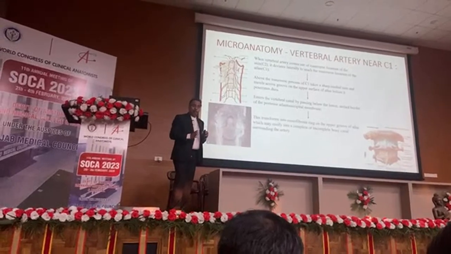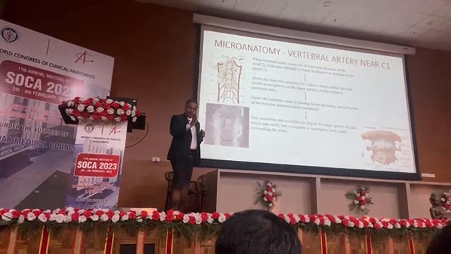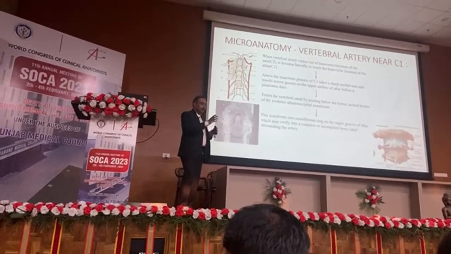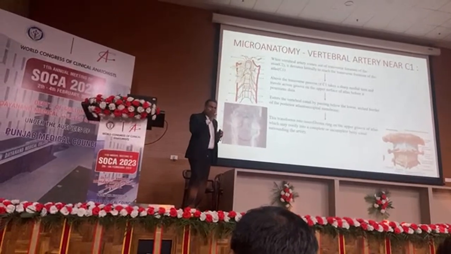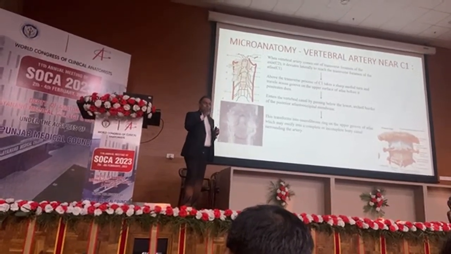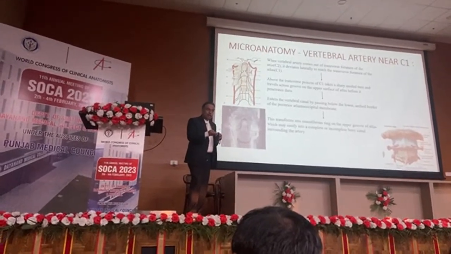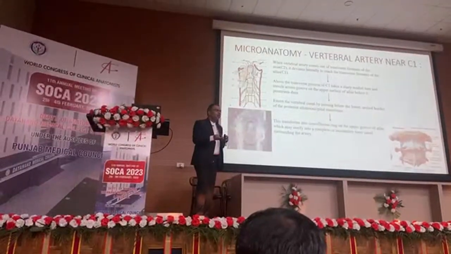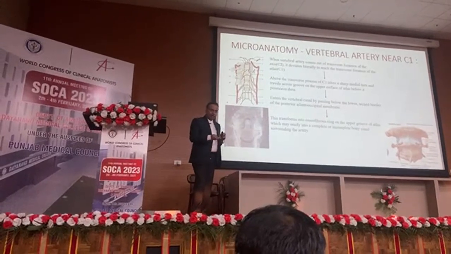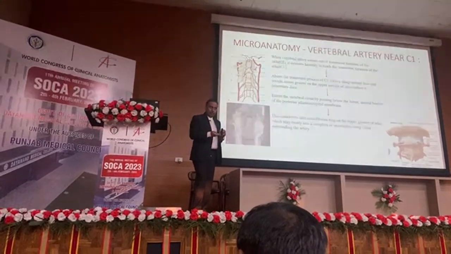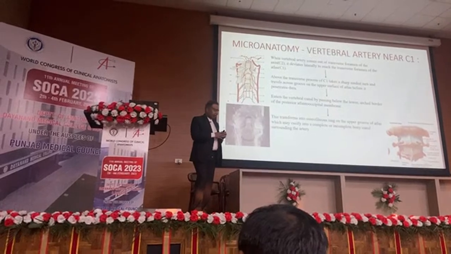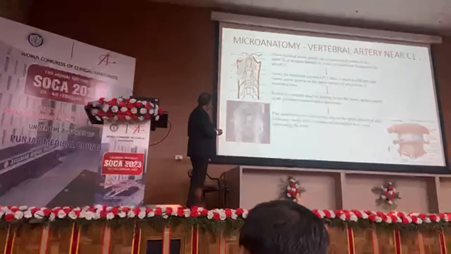Why is it important? Not to injure. Why are we discussing this topic? Not to injure any structure, whether it is artery, vein, nerve, spinal cord, or even bony structures.